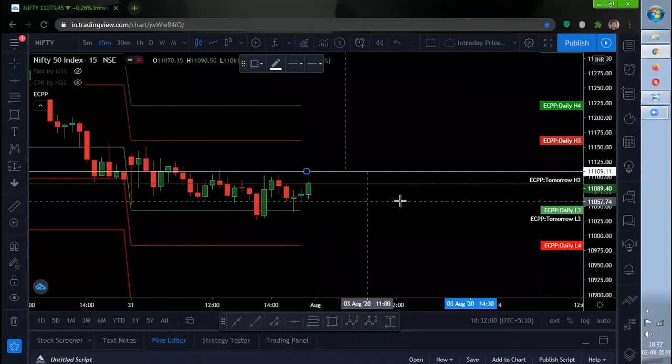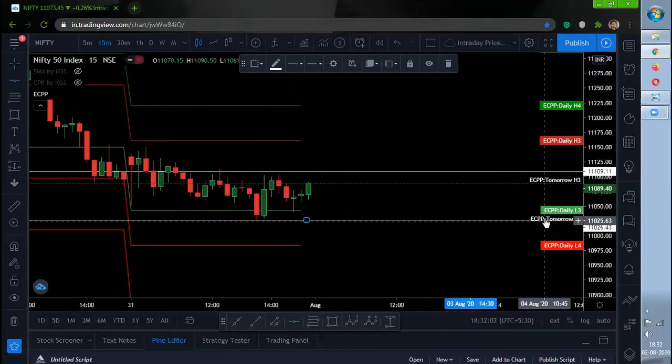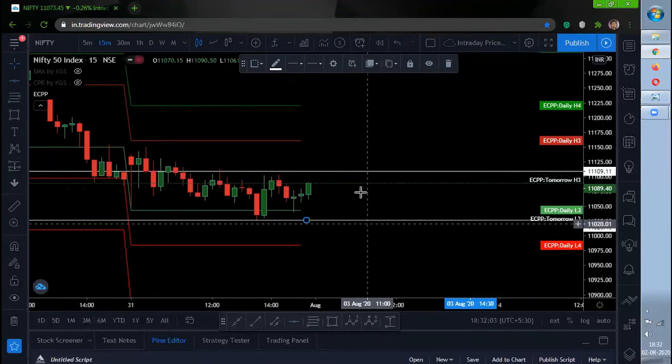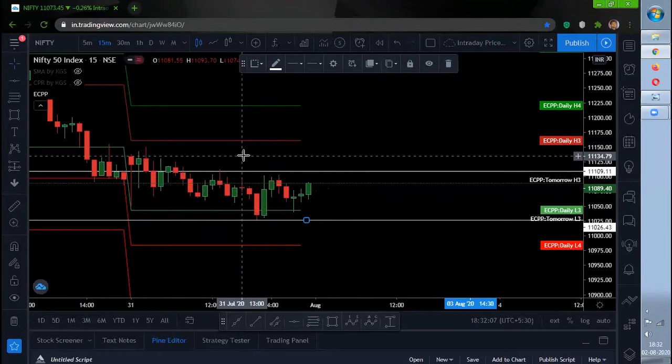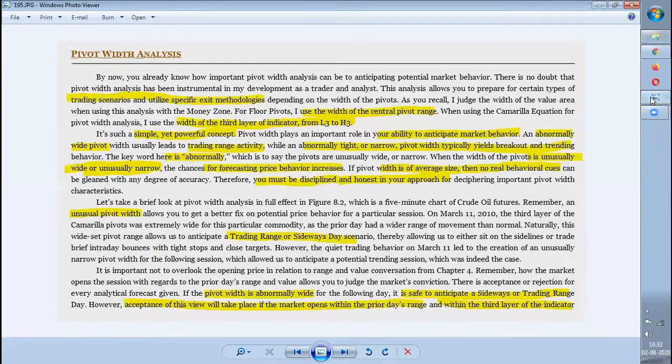Considering Friday's Camarilla pivot width, Monday's pivot width is looking very narrow. When the pivot width looks narrow, you can expect that tomorrow can be a trending day. It is not a 100% possibility, but the probability of tomorrow being a trending day is a bit higher.